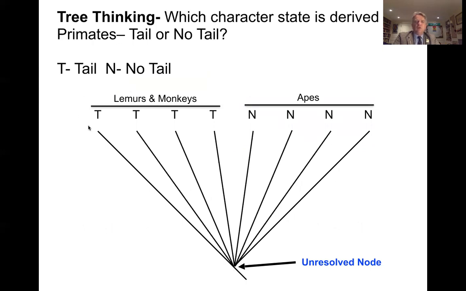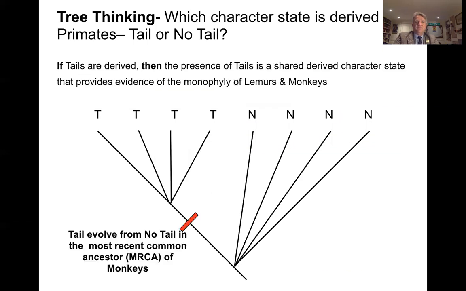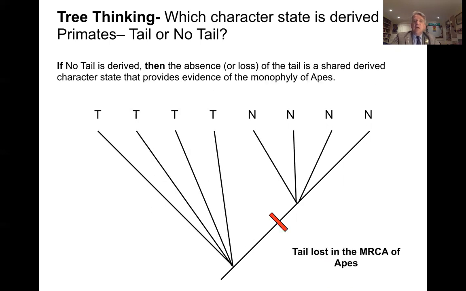And these are scored with having a tail as a T or no tail as an N. If tails are derived, then the presence of tails is a shared derived state that provides evidence of monophyly of lemurs and monkeys. However, if the loss of the tail is a shared derived character, it will then provide evidence for the monophyly of the great apes.